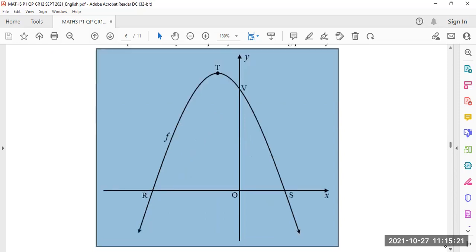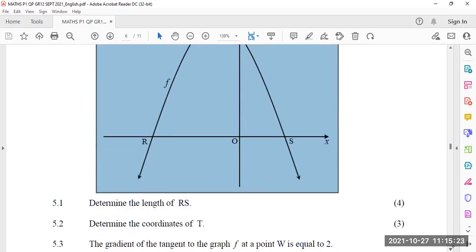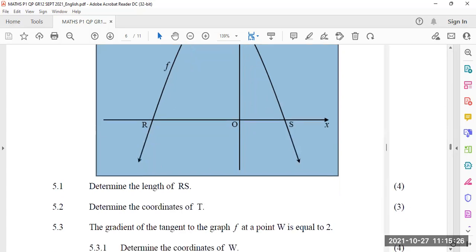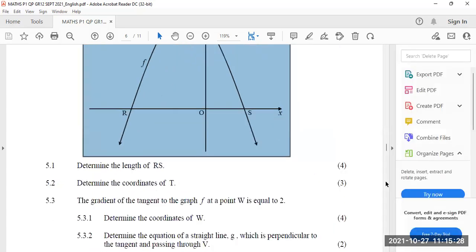Let's see. What is it that we are given on the next question? They're saying here, the gradient of the tangent to the graph f at point W is equal to 2. Determine the coordinates of W. Okay?